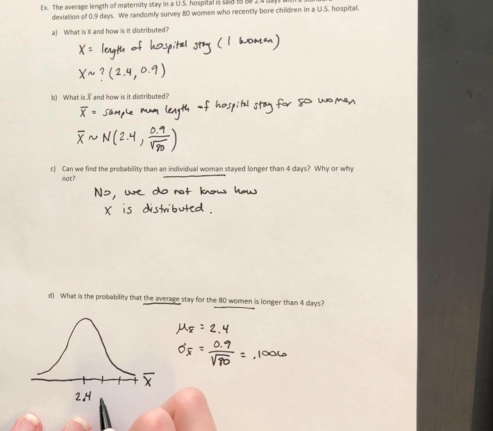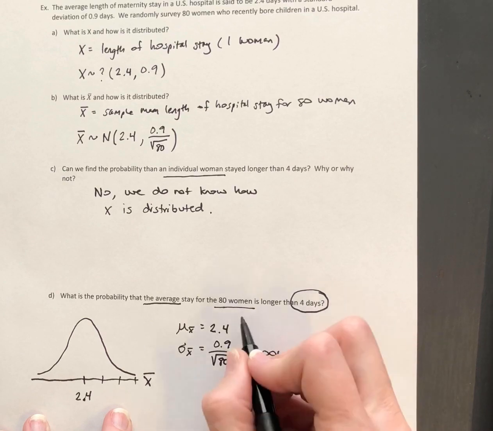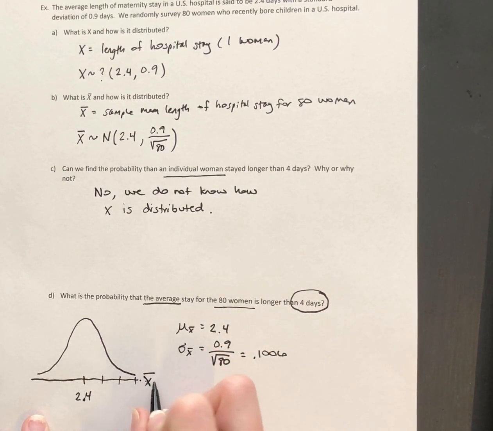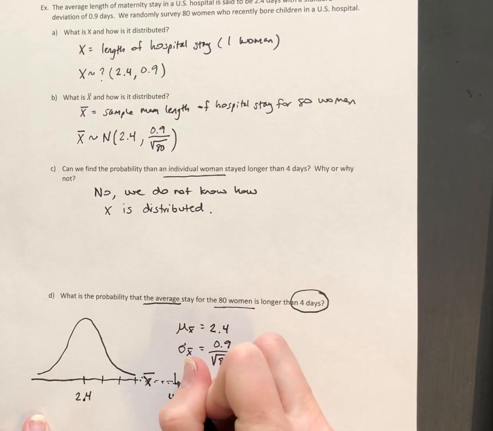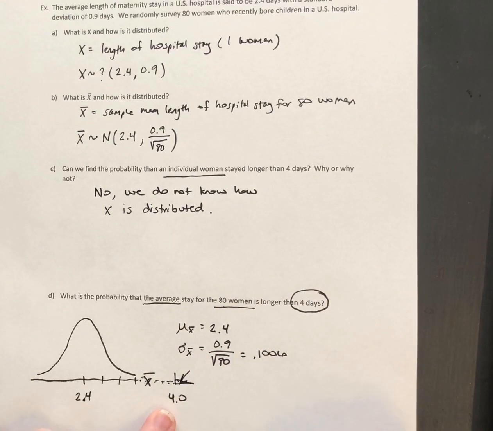So we'd be at 2.5, approximately 2.6, 2.7. We want to know the probability that that average stay is more than 4 days for a group of 80. This is going to be very unusual. I'm going to stick it way out here somewhere at 4. And we want that probability, that upper tail probability.